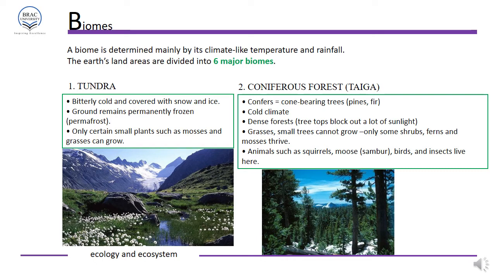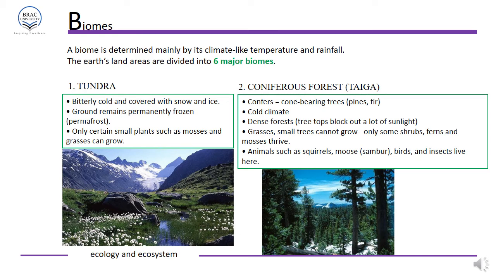Then we can shift to coniferous forest, which is also called taiga. Coniferous comes from the cone bearing trees, so you will find pine trees there. We're talking about a cold climate and dense forest, but the sunlight cannot reach the ground. In this scenario, animals such as squirrels, moles, birds, and insects live there.